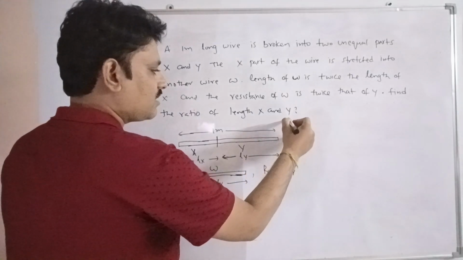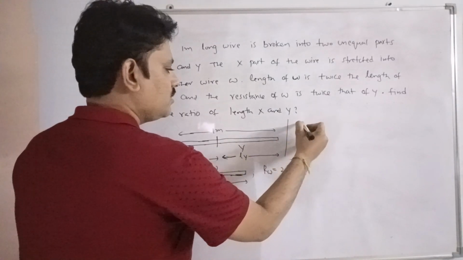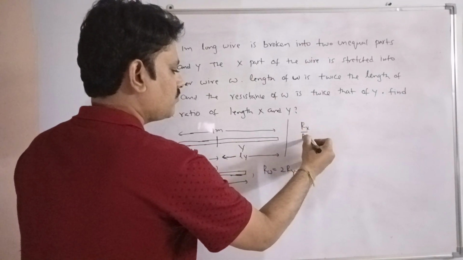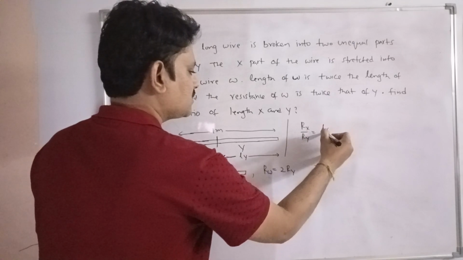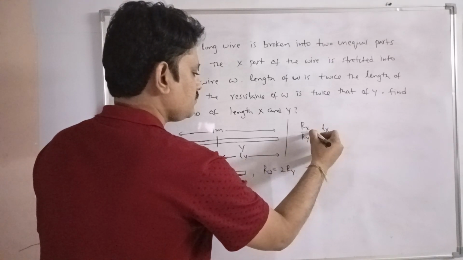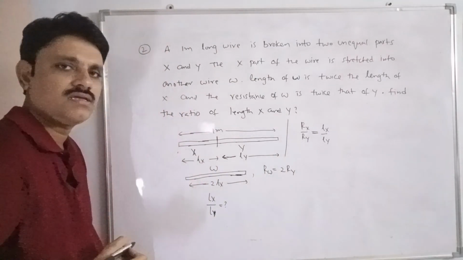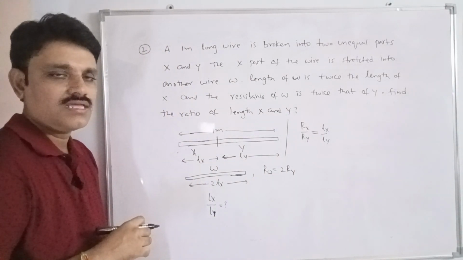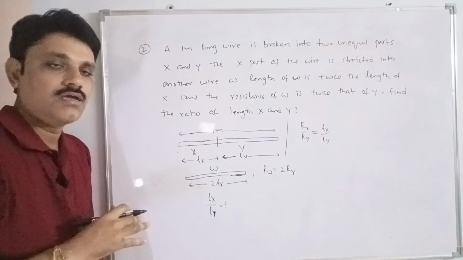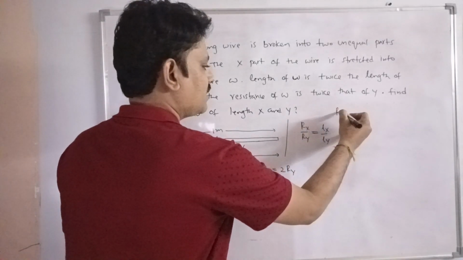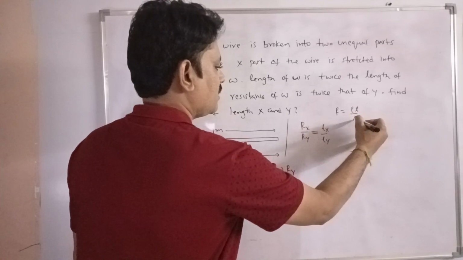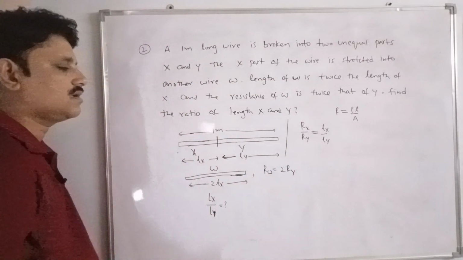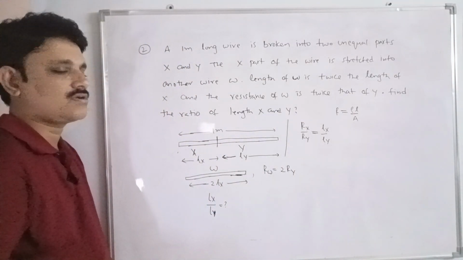If you want to calculate the ratio between Lx and Ly, you need to calculate the resistance ratio Rx by Ry, because Rx by Ry is equal to Lx by Ly, because R is equal to rho L by A. We know the relation R is equal to rho L by A. Rho is the specific resistance of the material, L is the length of the body, and A is the area of cross section.